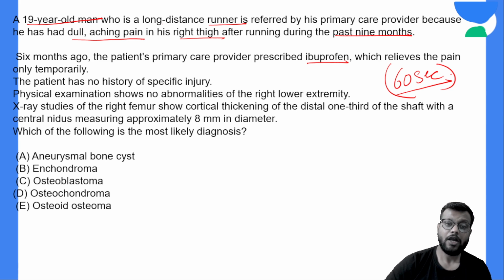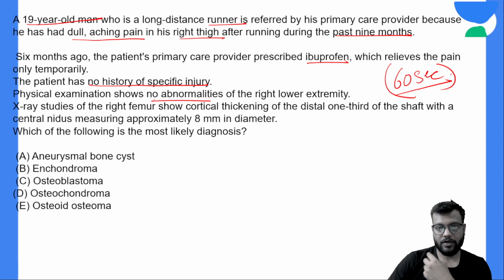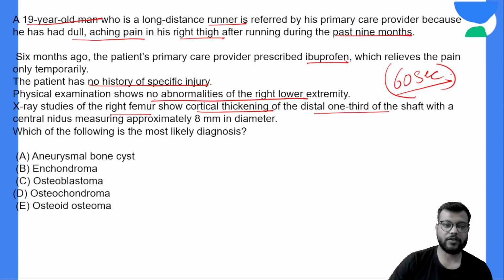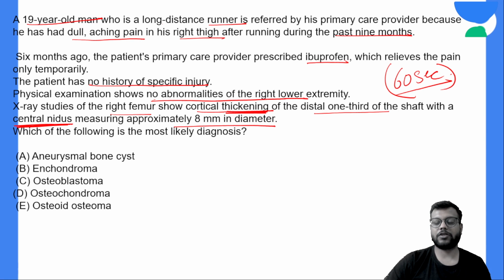The patient has no history of any specific injury. Physical examination shows no abnormality of the right lower extremity. X-rays of the right femur show cortical thickening of the distal one-third of the shaft with a central nidus approximately 8 mm in diameter. Which is the most likely diagnosis?